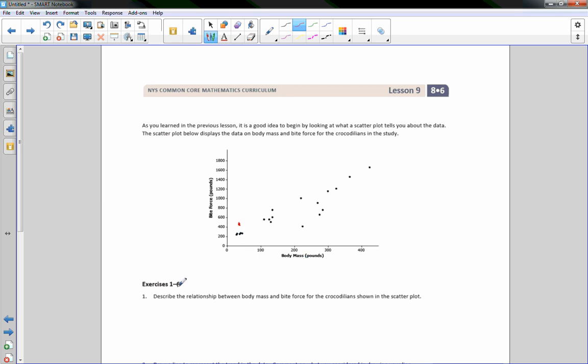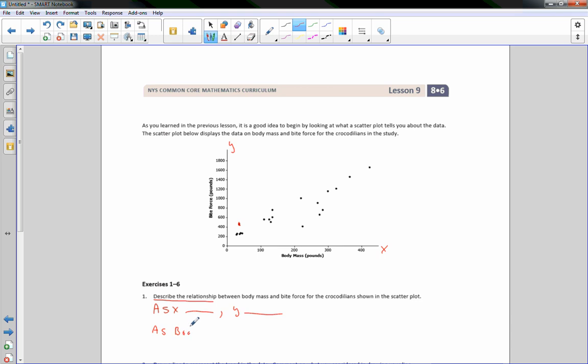Okay, so number 1 says, describe the relationship between body mass and bite force for the crocodiles shown in the scatter plot. When you see describe the relationship, you want to say, as x does something, comma, y is doing something. That's how we always say that. So in this situation, what is x? X is body mass.